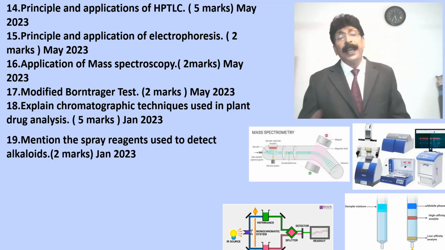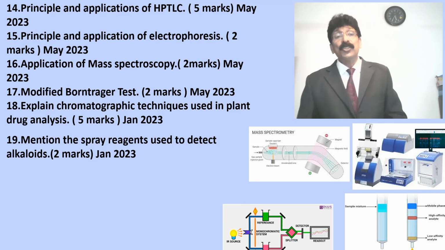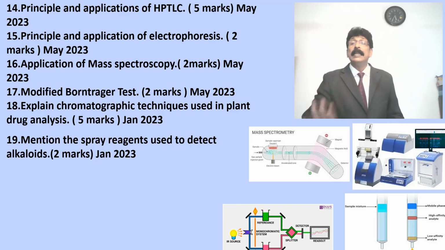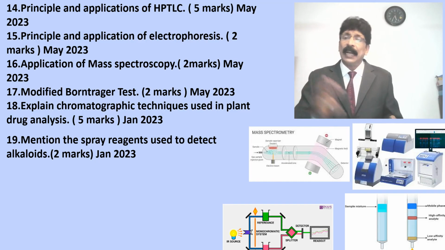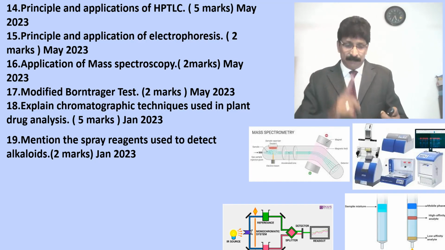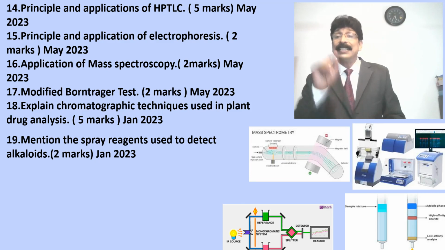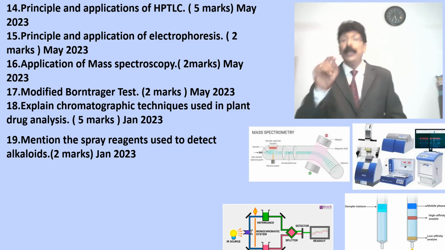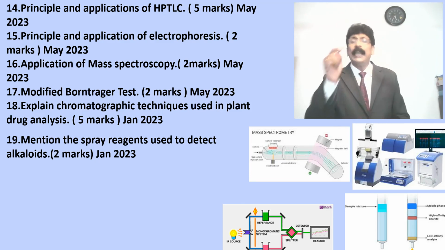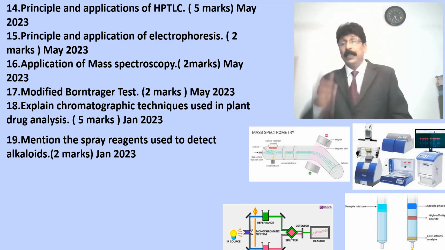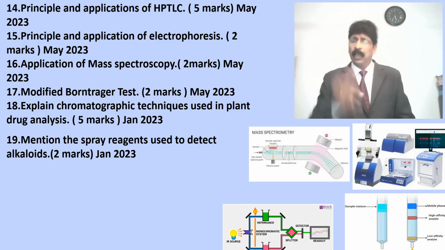Mention the spray agents used to detect alkaloids. If you know the chemical tests for alkaloids, like Dragendorff's reagent, Hager's reagent, Wagner's reagent, these reagents are all coloring agents. These spraying reagents can be used even for detecting the spots in TLC or HPTLC.